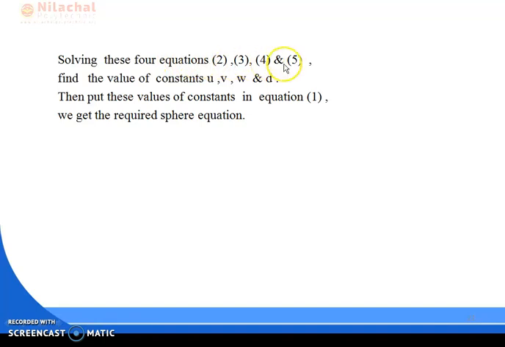We have unknowns u, v, w, t. Solving these 4 equations, we find the values of u, v, w, t. Then we put these constant values in equation number 1, and we get the required sphere equation.